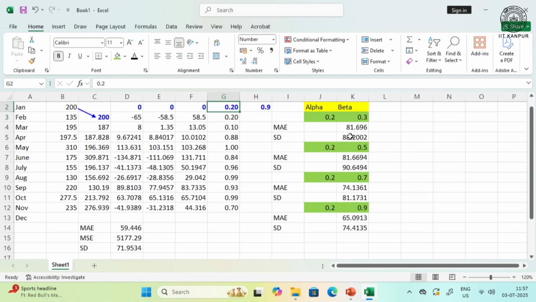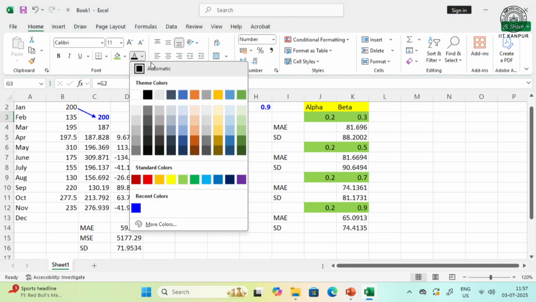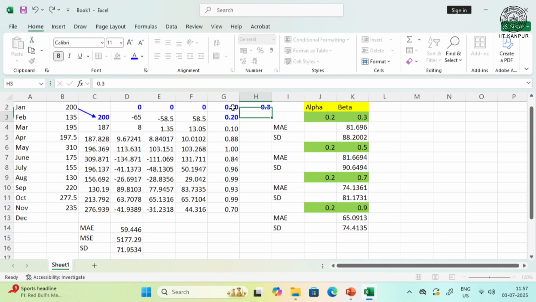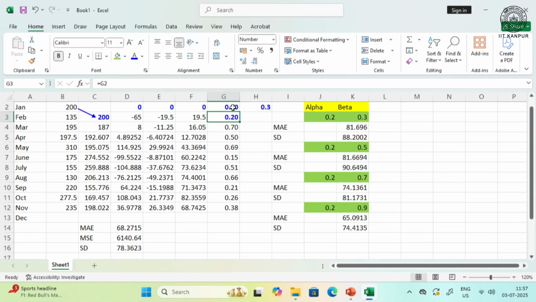If I make it 0.2 here, and let me check for 0.3 and 0.2, then if I change it to 0.5.